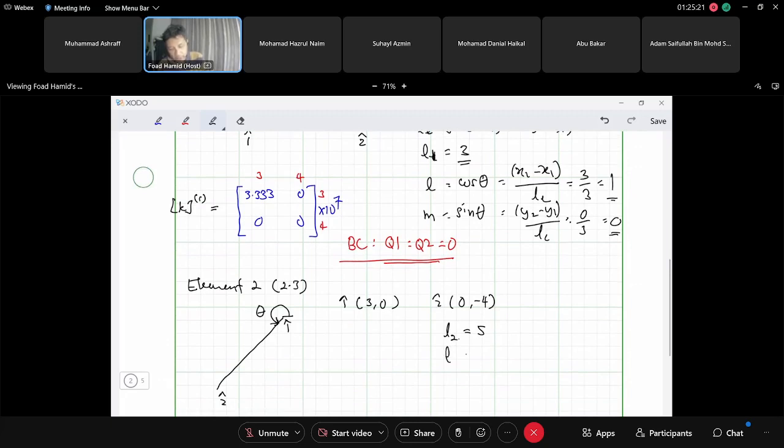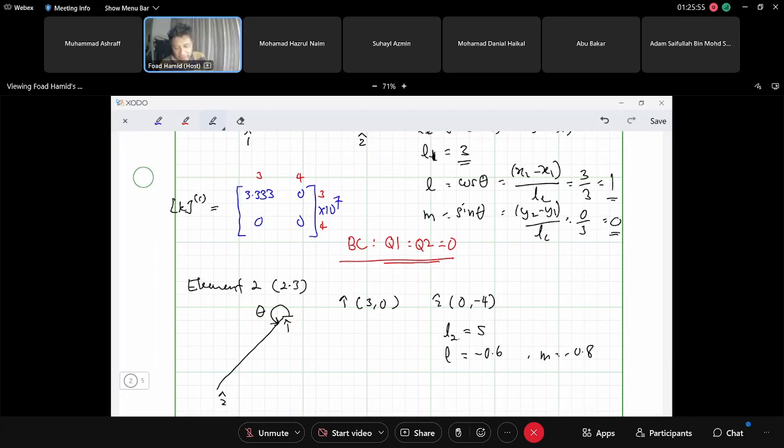Note that my L cos theta should be a negative number, because this is quadrant 3, which is negative for both sine and cosine. So I should get a negative number: l is negative 0.6, and m is negative 0.8. Now, again, do we know the boundary conditions here?